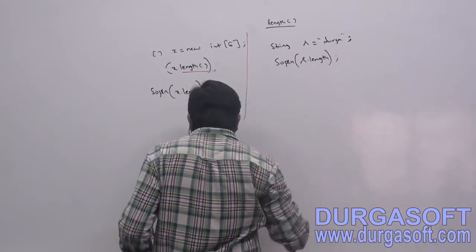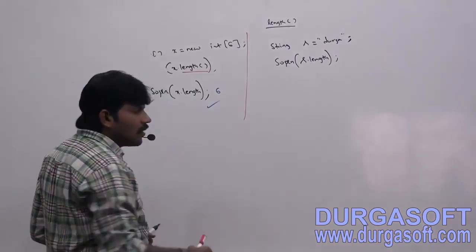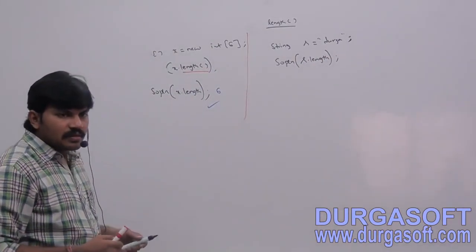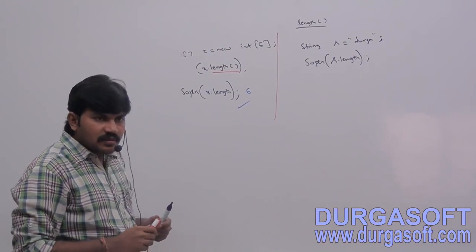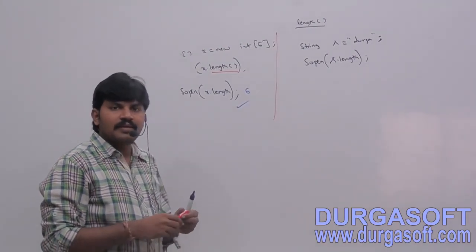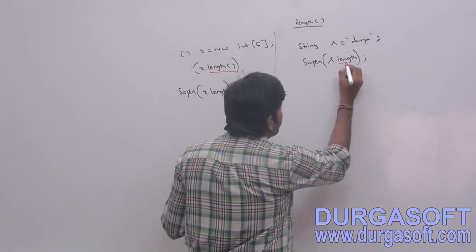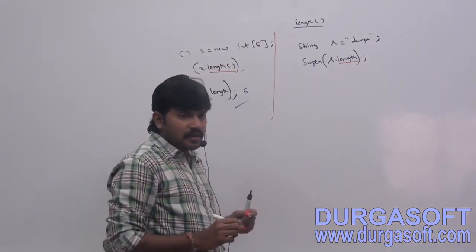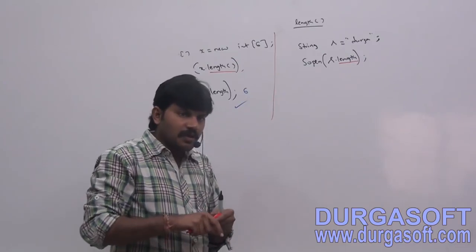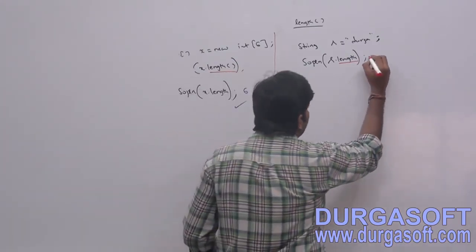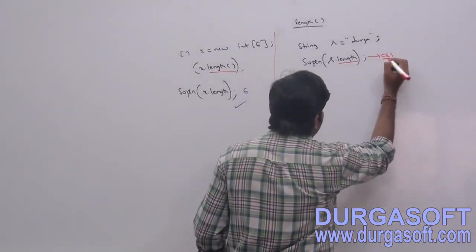Sir, can you tell what the answer is? What is s.length? Don't think too much, man. Length variable is not applicable for String. Length method is applicable. Length variable is not applicable. Do you know, we are going to get a compile time error.